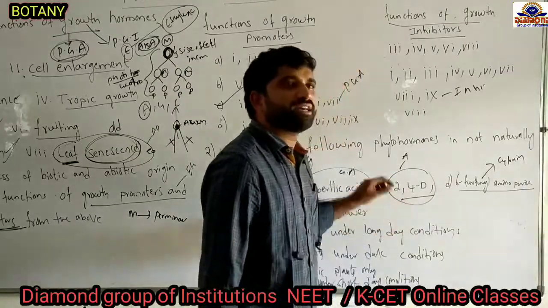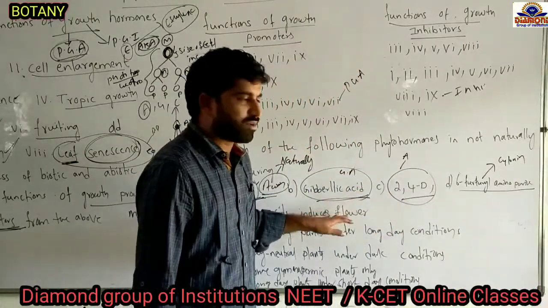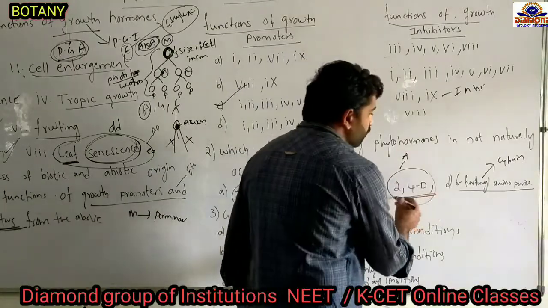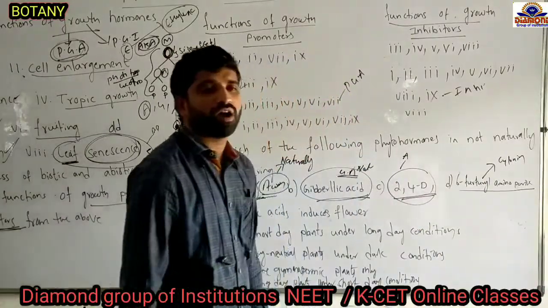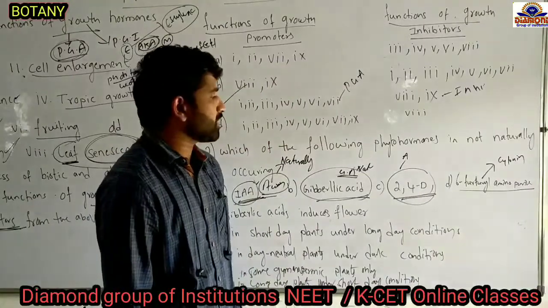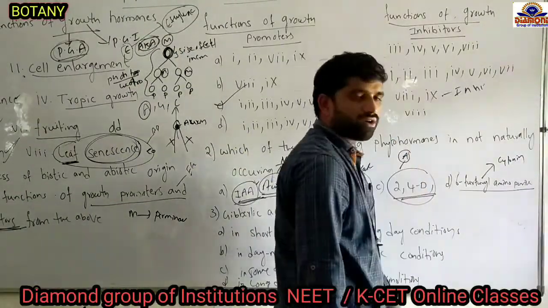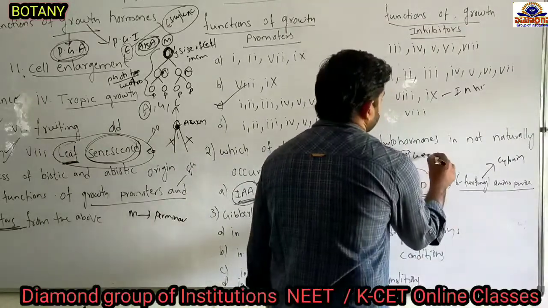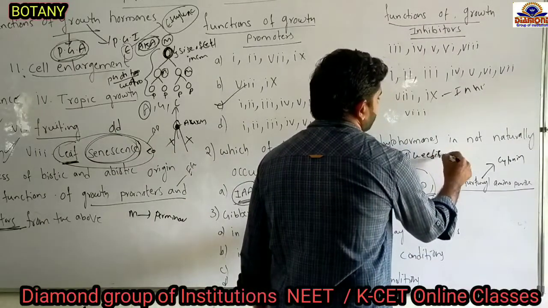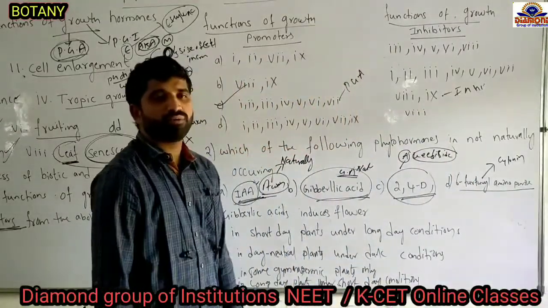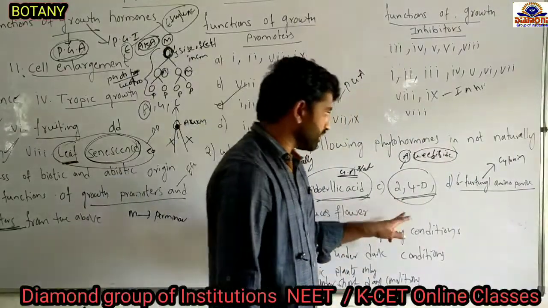Gibberellic acids are also available naturally in a plant body, so gibberellic acids are a natural phytohormone. And 2,4-D, 2,4-dichlorophenoxyacetic acid, is also a type of phytohormone, an auxin. It is also called a weedicide. Plants with large weed leaves can be removed by adding 2,4-D.